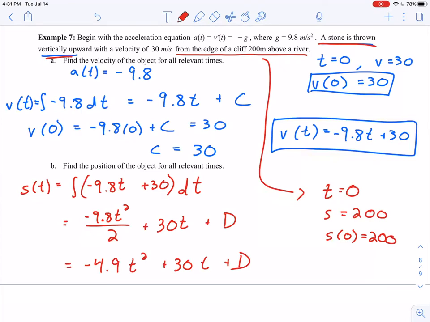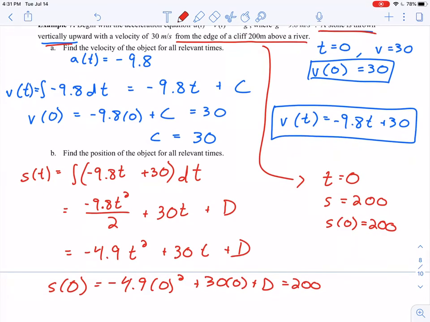So this gives me a means to solve for d. So s of 0 is equal to negative 4.9 times 0 squared plus 30 times 0 plus d. This is equal to 200. Ends up giving me d is equal to 200. So I have my constant of integration. I just need to plug that back into my position function.